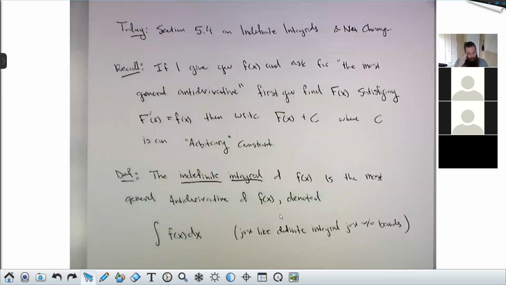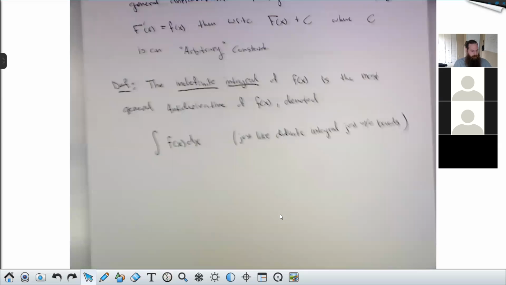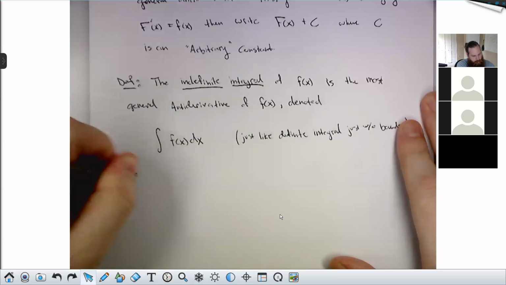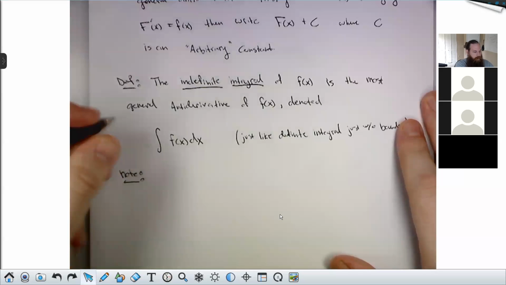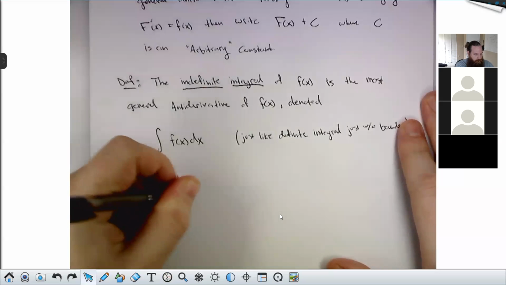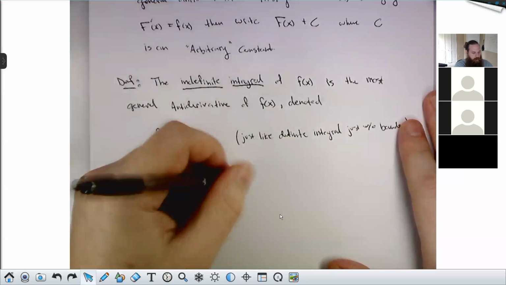The important thing to remember here is that these are different animals. The definite integral, the integral from a to b of f of x dx, this is always just a number.